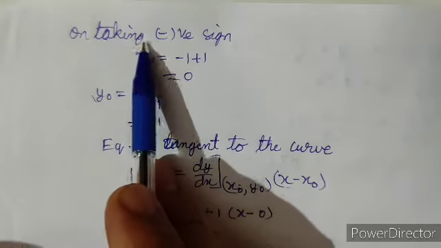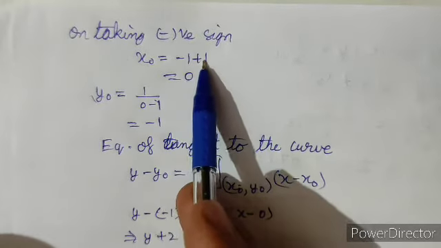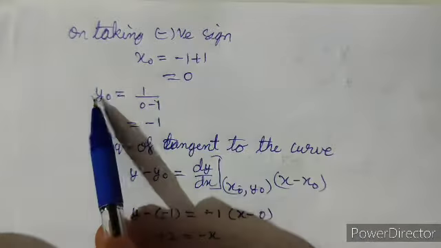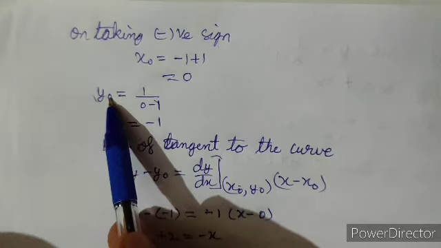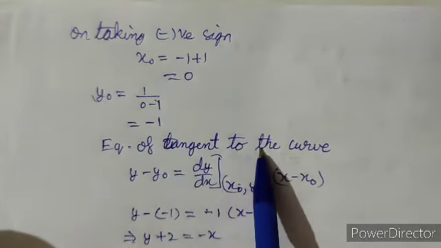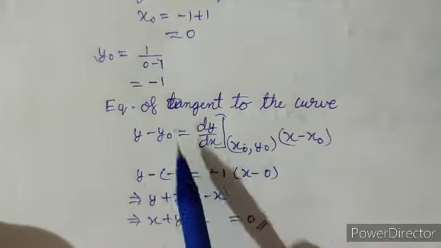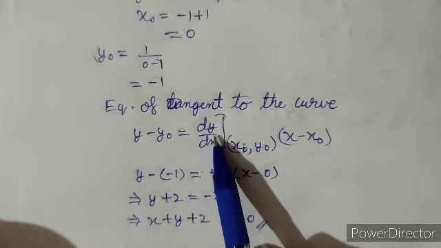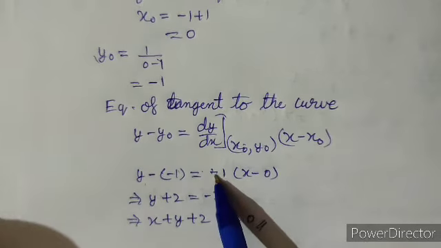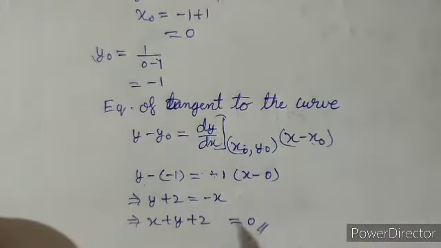Now on taking the negative sign, x0 will be equal to minus 1 plus 1, and that will be equal to 0, and that will give us y0 as minus 1. Again, the equation of the tangent to the curve will be y minus y0, and y0 was minus 1, equal to the slope of the tangent, and that was minus 1, into (x minus x0), and x0 was 0.